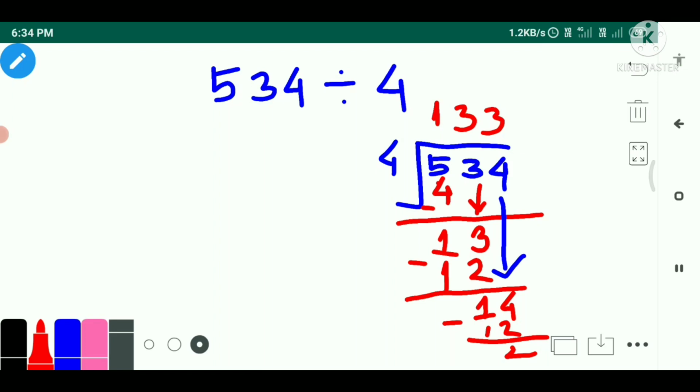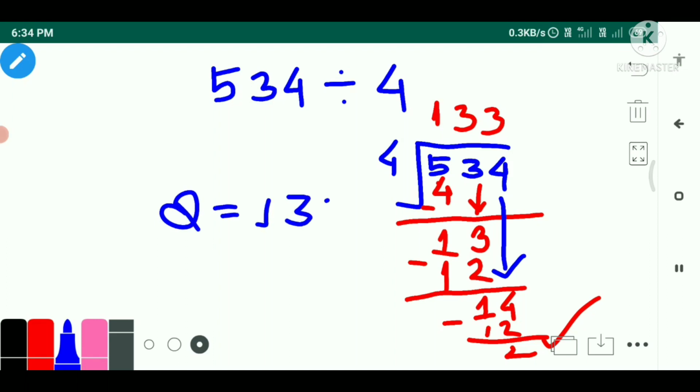Now this number is smaller than our divisor. That means what? Our division is completed. So now our quotient is what? 133, and our remainder is what? 2.